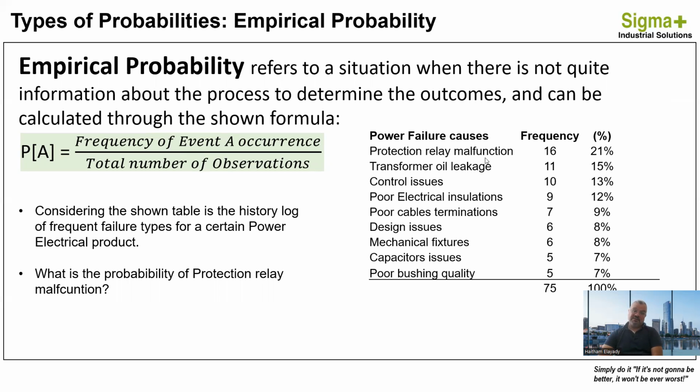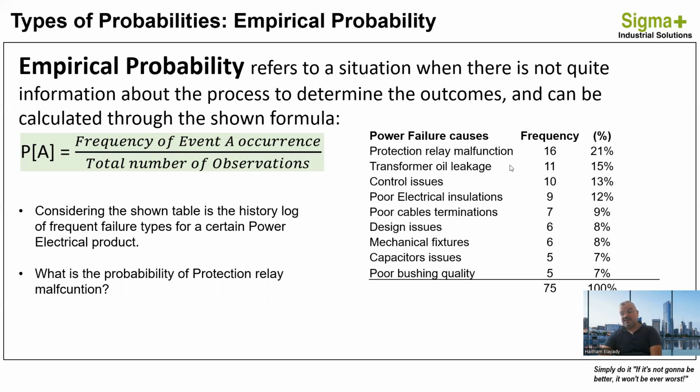So what would be the probability in the future that we could have a protection relay malfunction? It is simply 16 divided by the total frequency of failures, which is 75. So dividing 16 by 75 will be 21%. That's the probability of the occurrence, and that's what we call empirical probability.